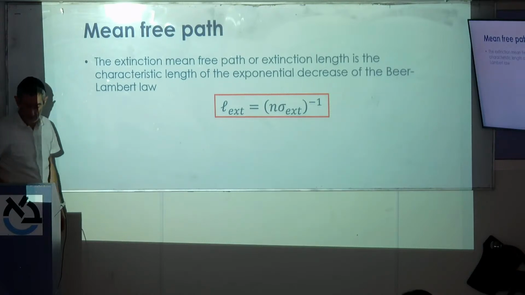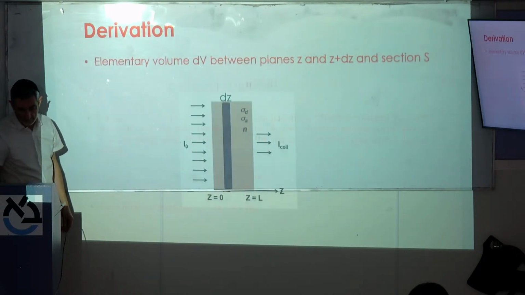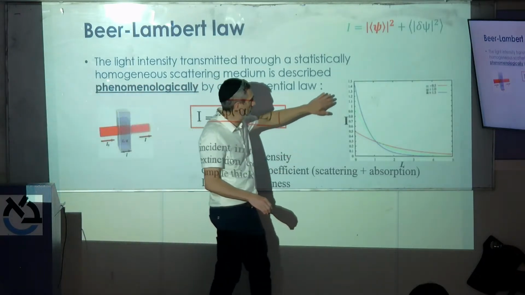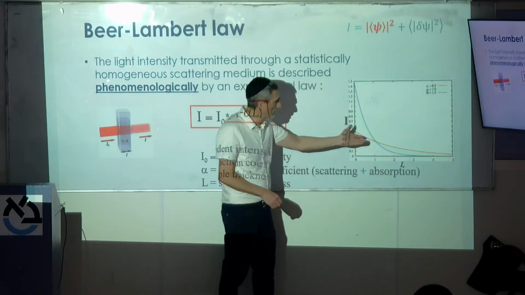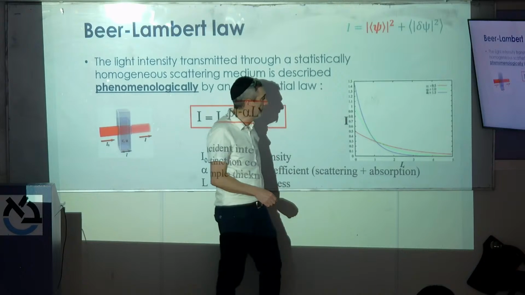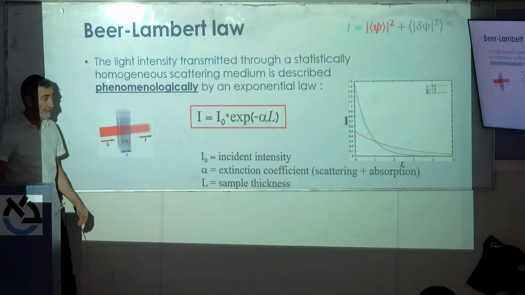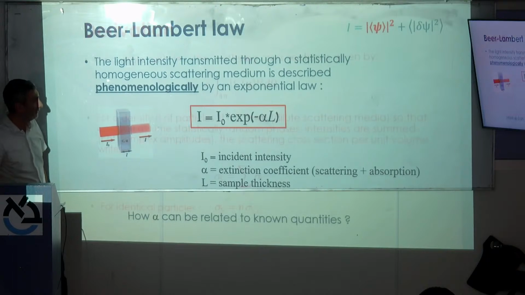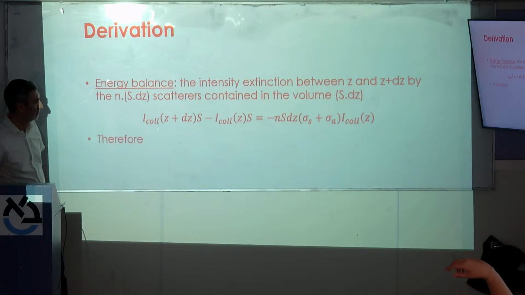As I showed you before, the typical length over which you reduce the intensity by a factor e is the characteristic length. You see that the length depends on alpha as 1 over alpha. This is alpha, this is sigma s plus sigma a.